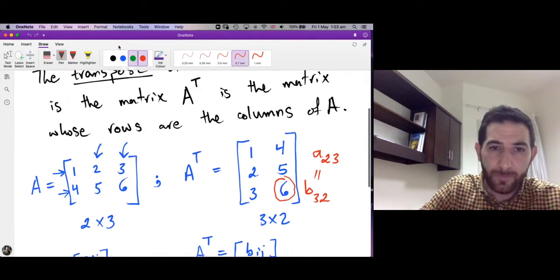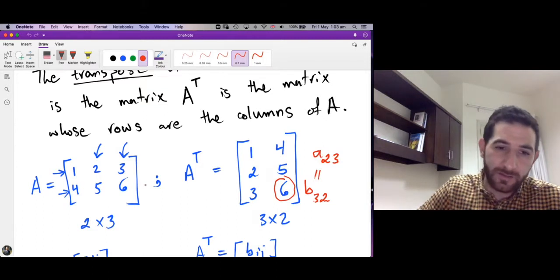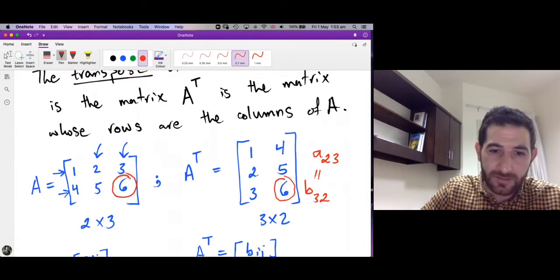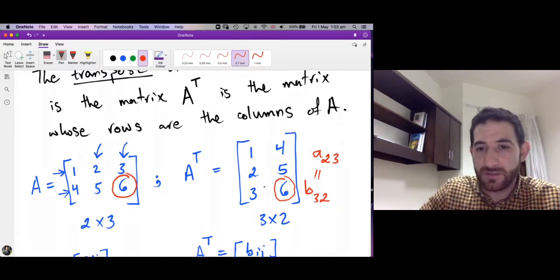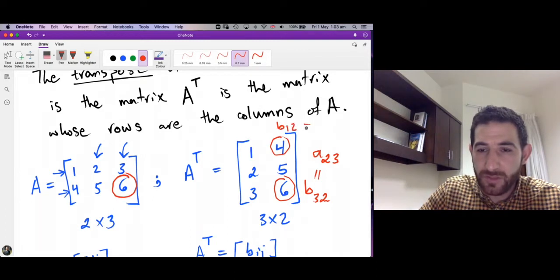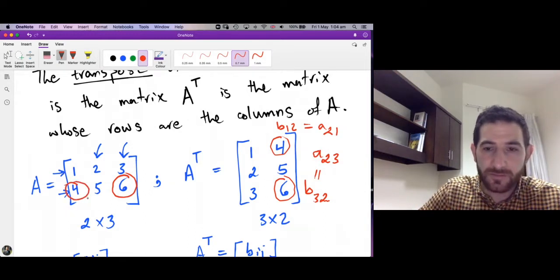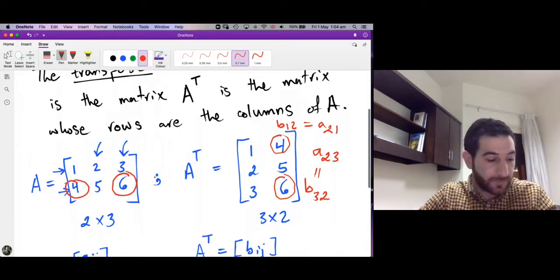What's A23? It is the entry in the second row and third column of A. See, this entry is equal to this entry. Now, for example, what is this entry? This is B12. It should be equal to A21. Where is A21? Second row, first column. So 4 and 4, and so on.